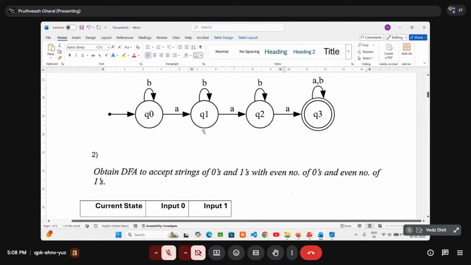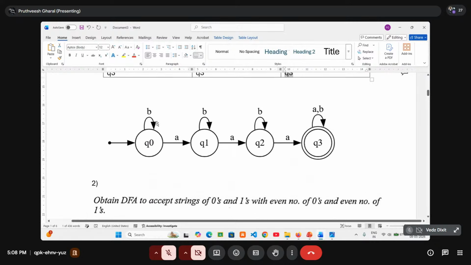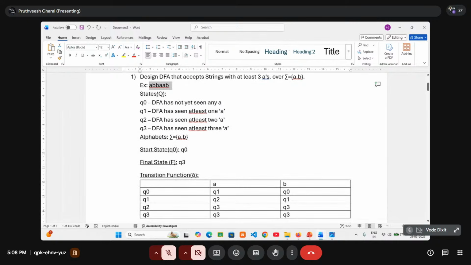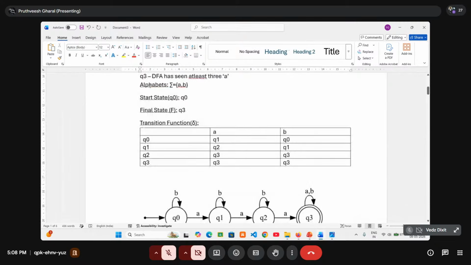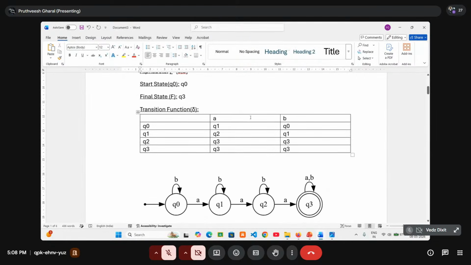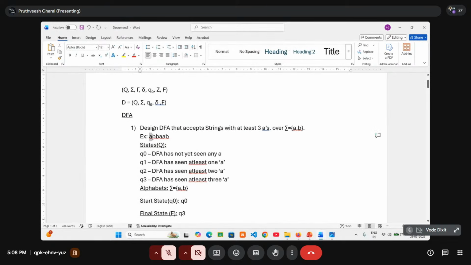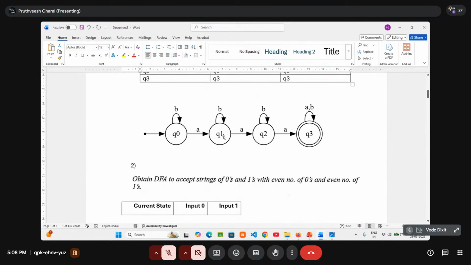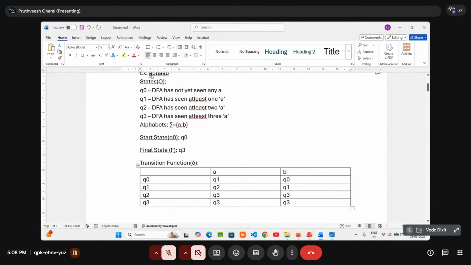This is the diagram for the DFA. When it encounters the input, ABB, AAB, let's say, first and foremost, it will be in state Q0. It has not yet seen any A's. If it reads an A here, it will move to the next state Q1.